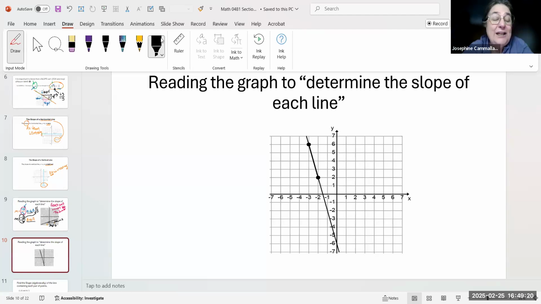Okay, now I do want to tell you that sometimes they're just going to give you a line and they don't always give you 2 points. But I think Alex has been better in that we've tried to get them to give us the dots, but sometimes they don't. If you have to make your own dots, make sure that you make them in a place that's easy to read.